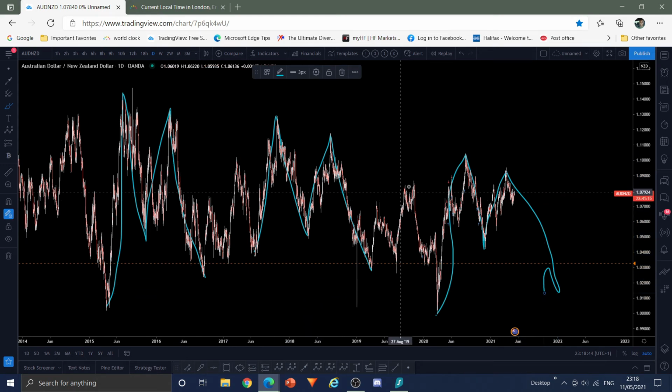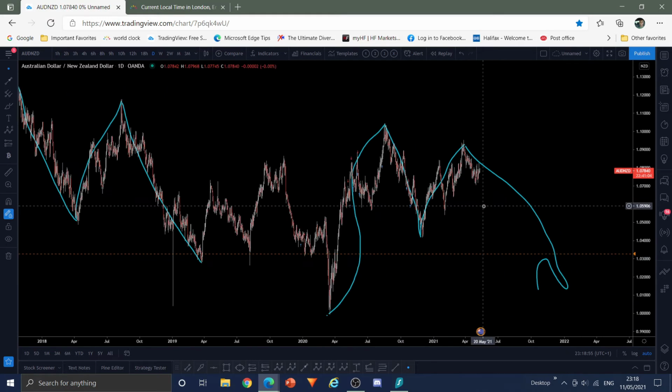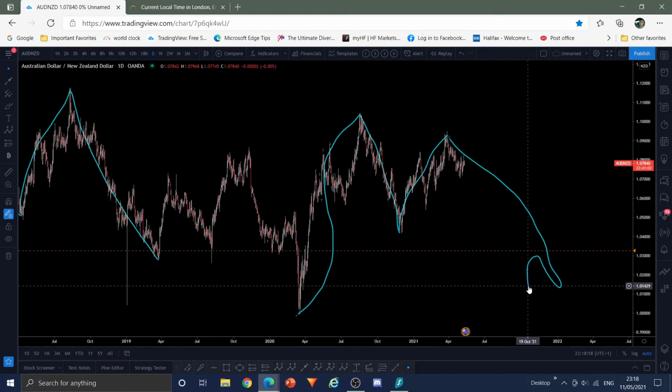Now, if you look at these three patterns, look at the similarities between these three patterns. It's almost like an M shape, isn't it? M shape there, M shape, unfinished M shape here. Now you can see that, can't you? Let me just put that in correctly.